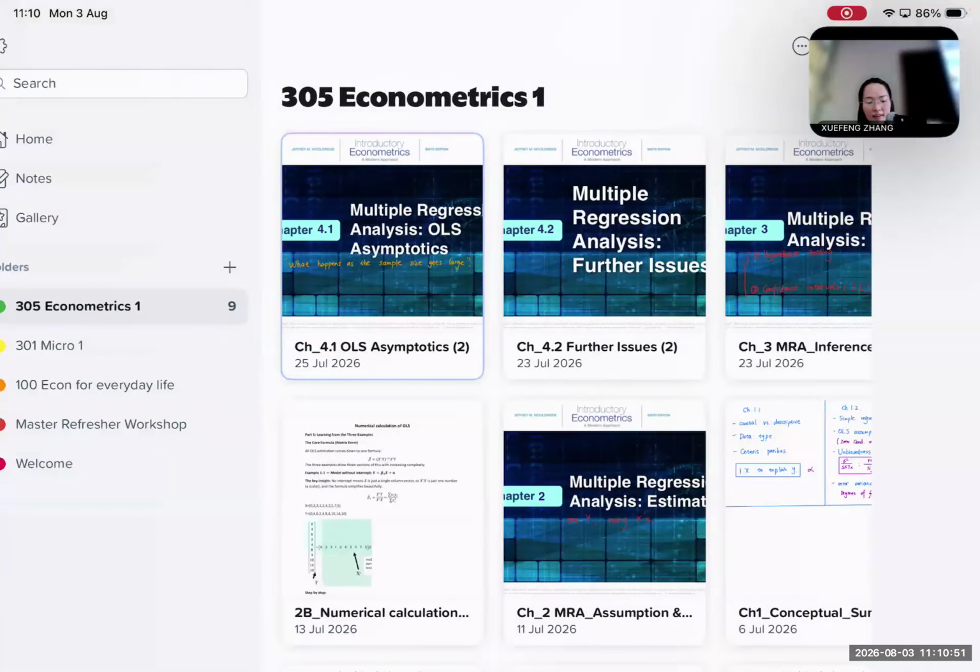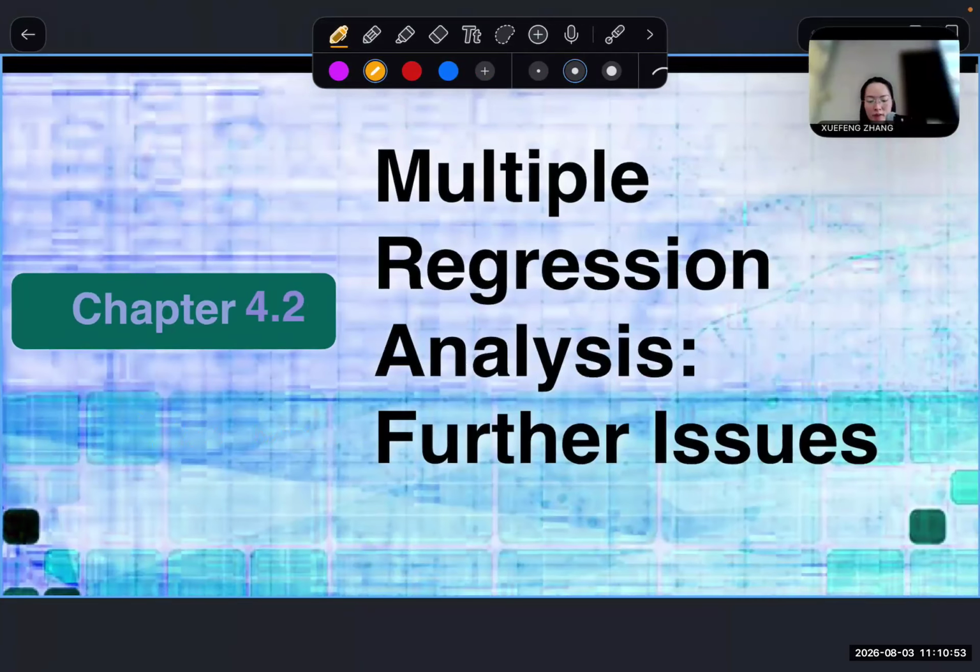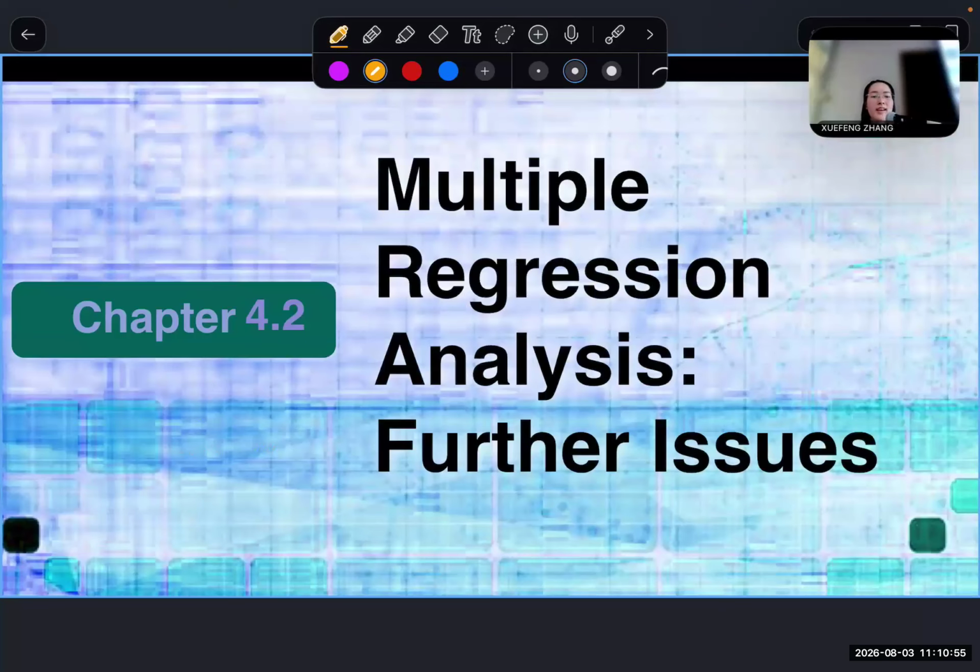And now this chapter, chapter 4.2, is a bit different because it's a collection of practical issues. We don't have new theory here, just some practical tricks that you might need when you write your own paper.